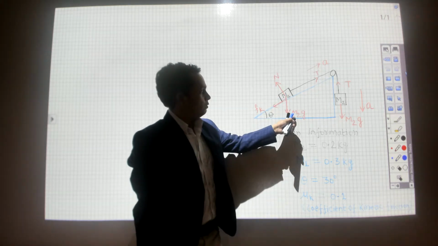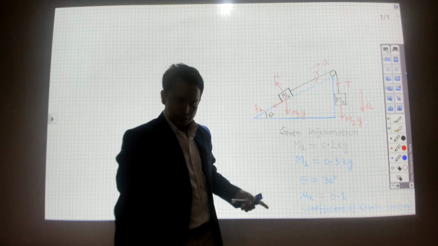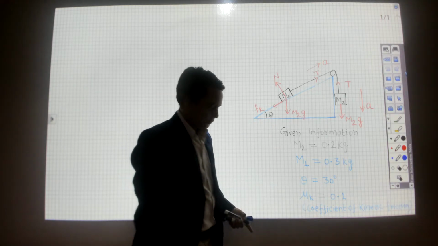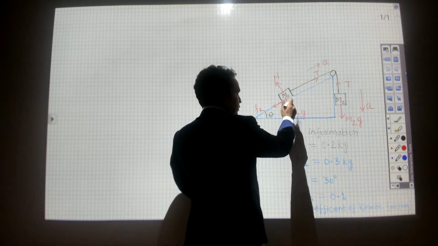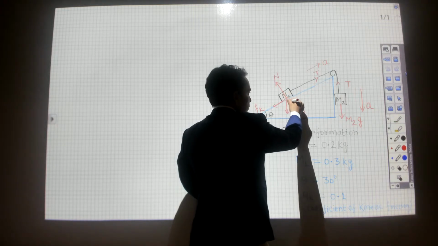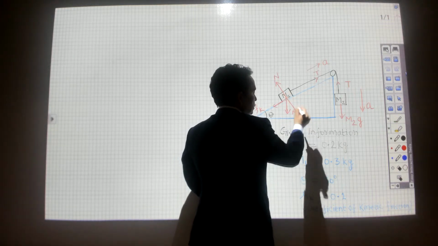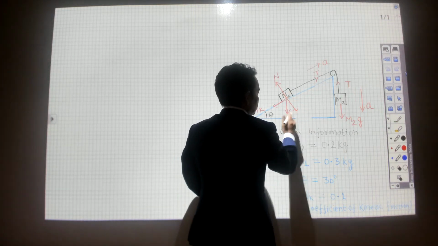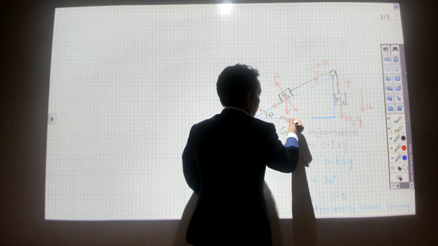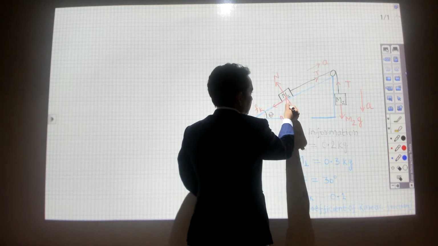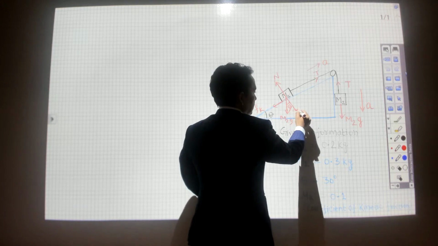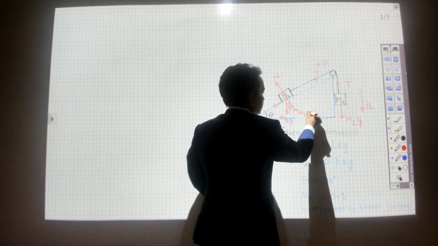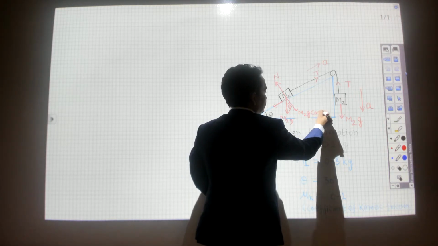Now let's resolve this force into two components, just to make life easier. The one component is perpendicular to the surface. Rewriting this one, this is m2g. This angle is theta. This angle is also theta. This component is m2g cosine theta.